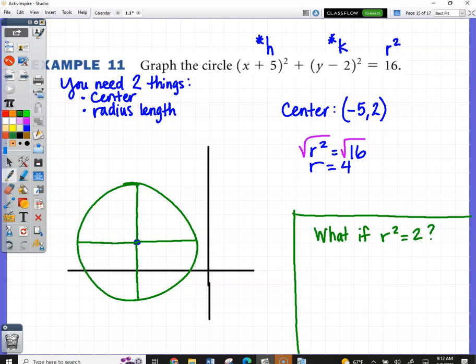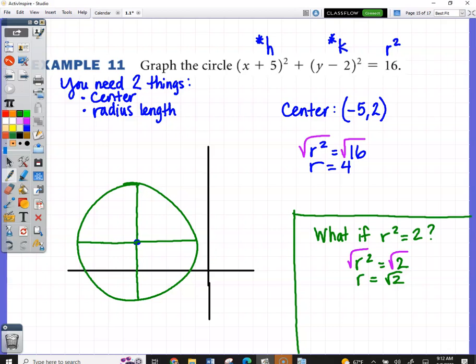We were going through this whole thing, and you had to find the length of r. Well, if r squared is 2, you still have to take the square root, right? Okay, and because 2 is not perfect, it would be left at the square root of 2.